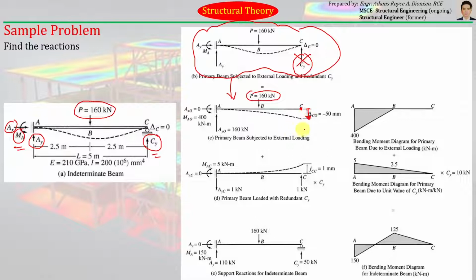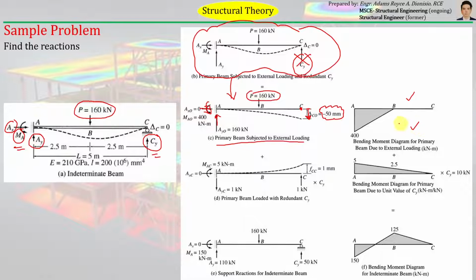So for this particular case, we already computed the magnitude of the deflection, which is equal to this, and this is the corresponding bending moment diagram of the primary beam. Take note, this is just the primary beam subjected to the external loading. So you can easily compute the corresponding reactions here, the vertical, horizontal, as well as the moment. So therefore, you can easily draw the bending moment diagram of this corresponding primary beam.